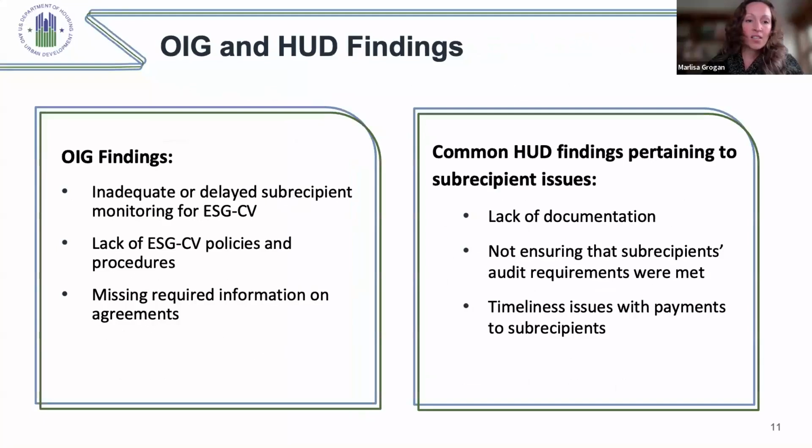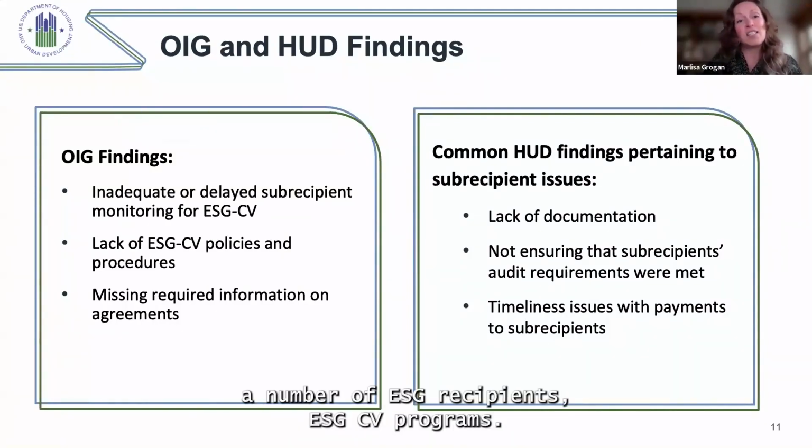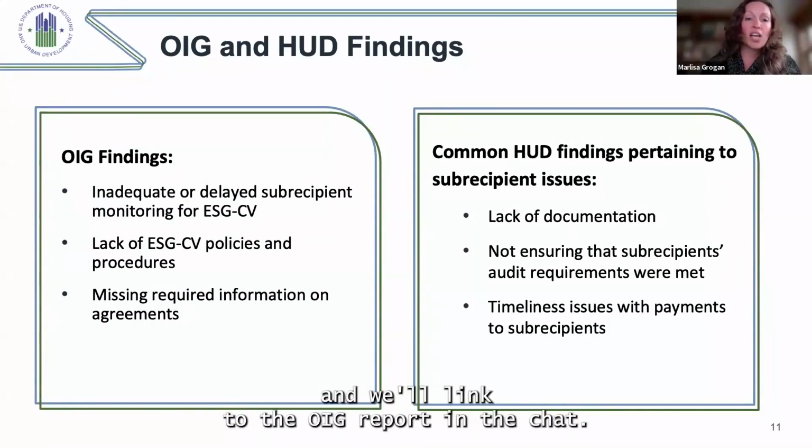So as many of you know, HUD and HUD's Inspector General have monitored a number of ESG recipients' ESG CV programs. We've included some common findings here, and we'll link to the OIG's report in the chat.